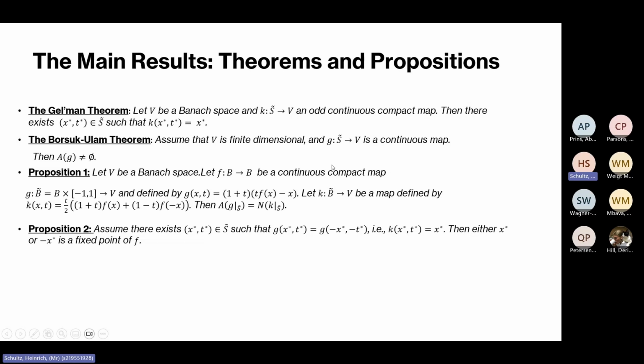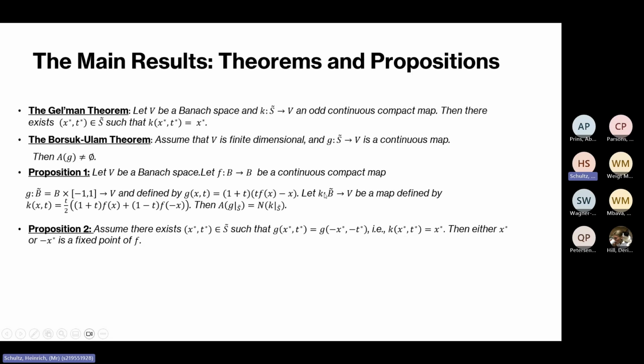Then the crucial proposition, Proposition 1: let V be a Banach space and F a continuous compact self map, and let G map B tilde, which is the product of B and this closed set, to V, defined by this function G of (x, t).